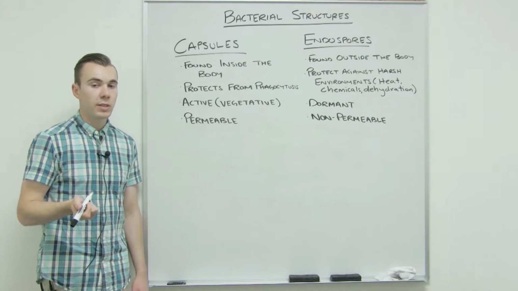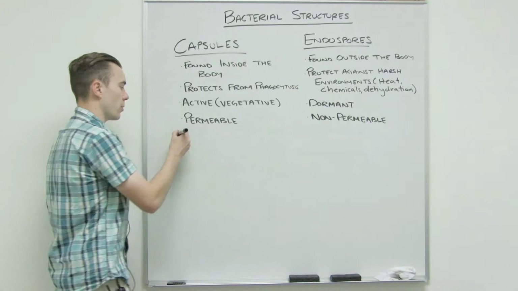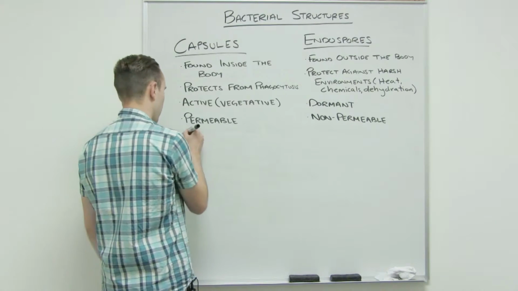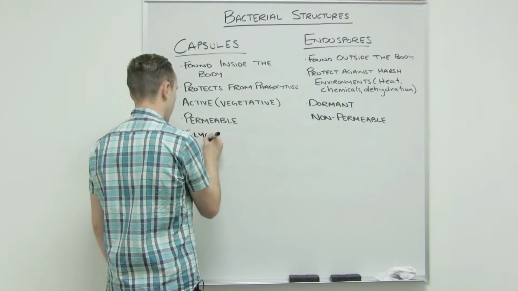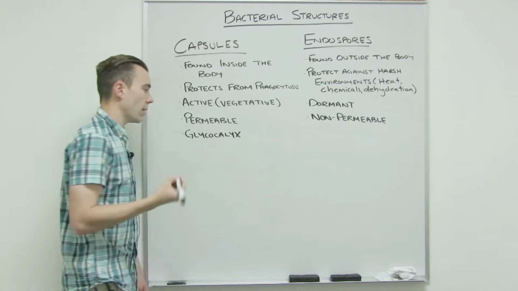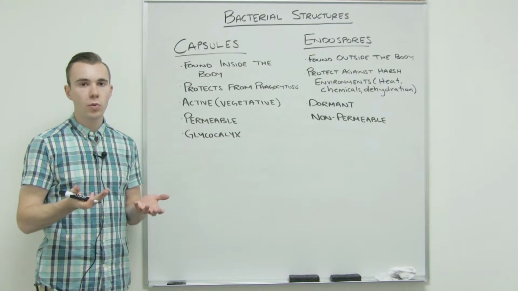The next thing we need to understand is what they are made of. Capsules are made of a sugary substance called glycocalyx, which gives it a very smooth layer.